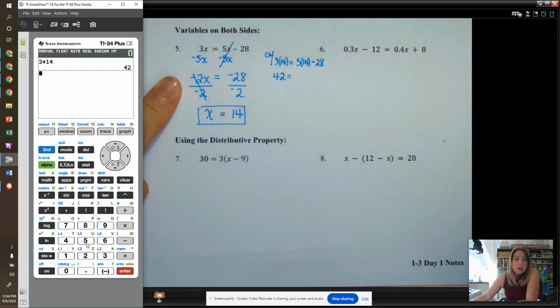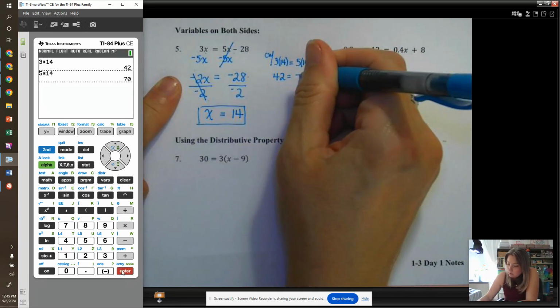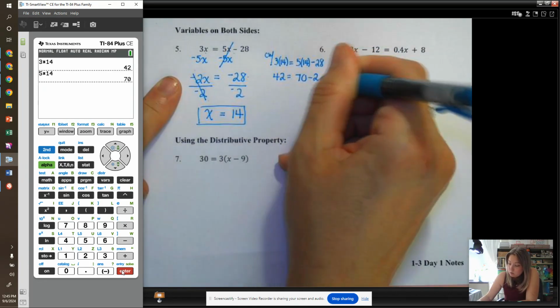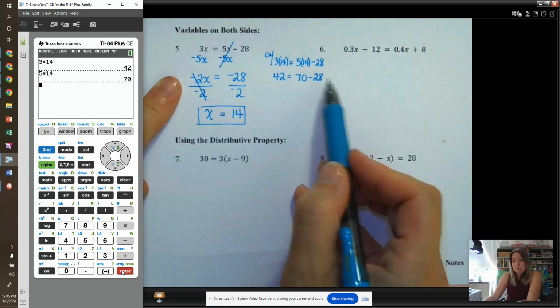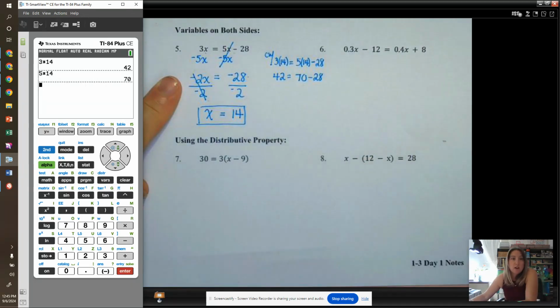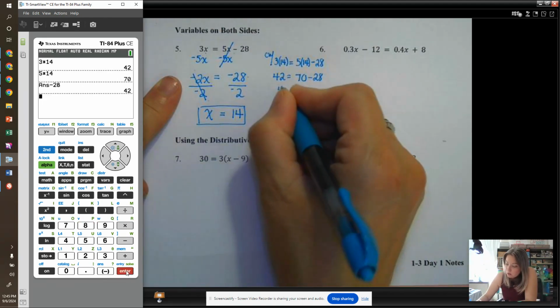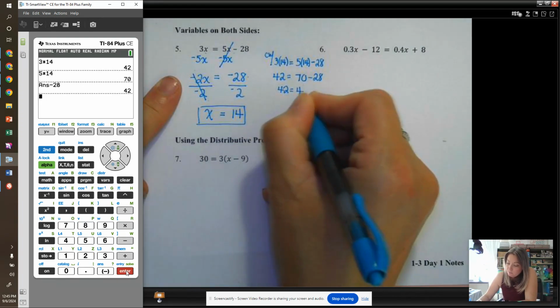Now, 5 times 14, that value you've plugged in for x, giving me that 70. And now, check to make sure anything else simplifies. 70 minus 28, right? When you're using that graphing calculator, you can now just press the minus sign. It uses the previous answer, subtracting whatever value you plug in this time, and you do get that 42 equals 42.